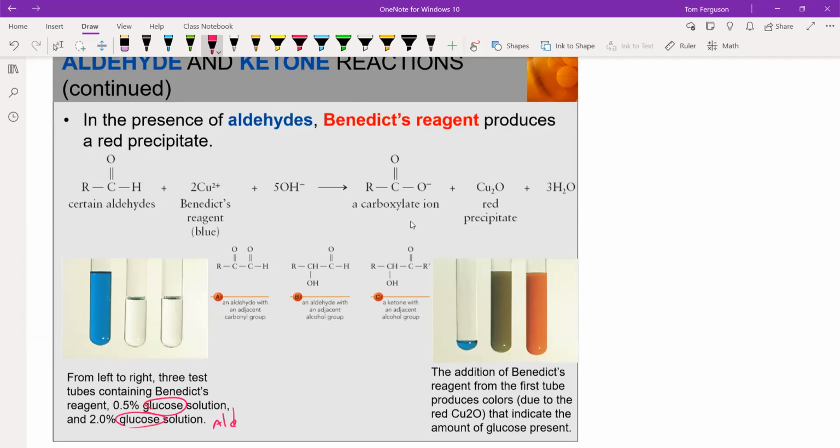Okay, so glucose, as far as we're concerned now, is an aldehyde. In fact, it's called an aldose.